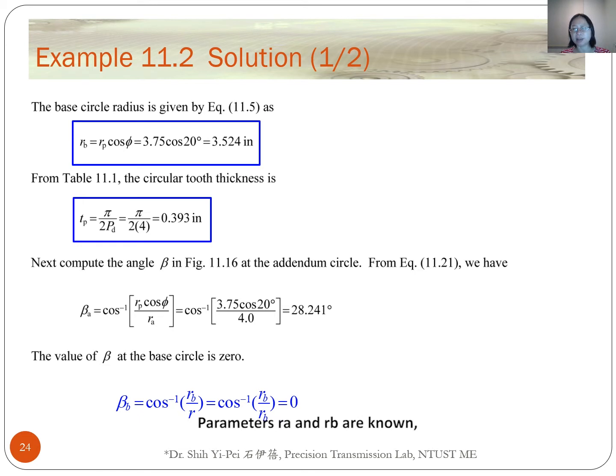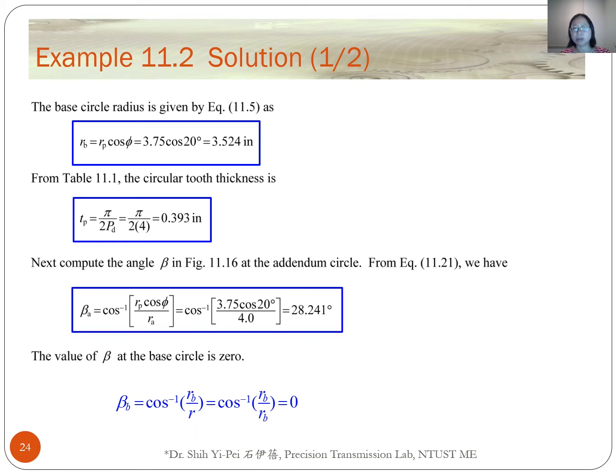Parameters Ra and Rb are known, so we can compute the angle beta A at the addendum circle.